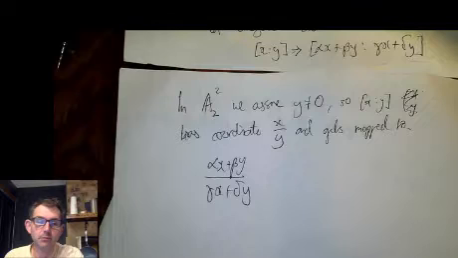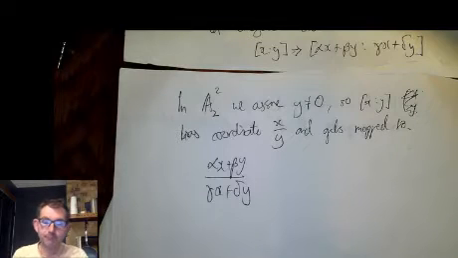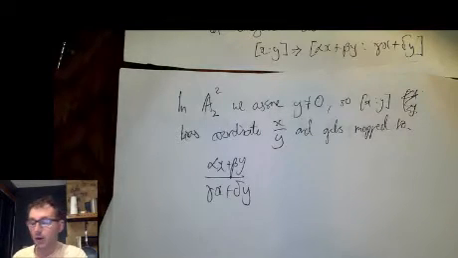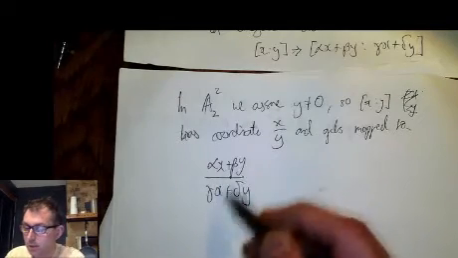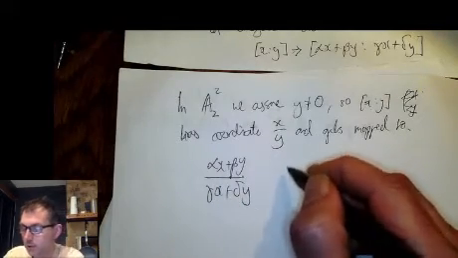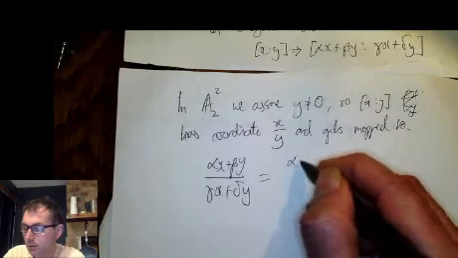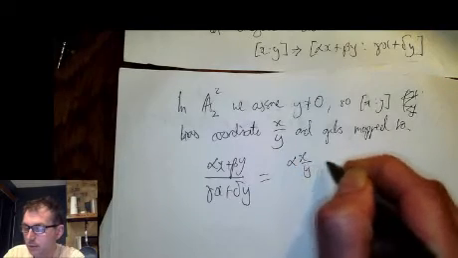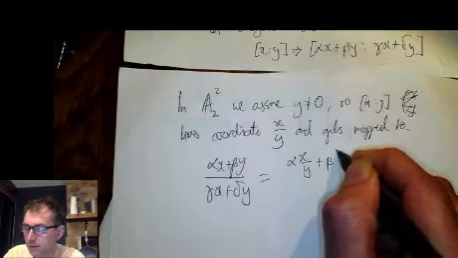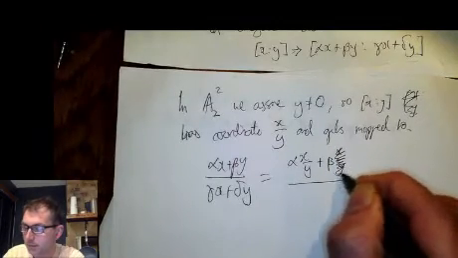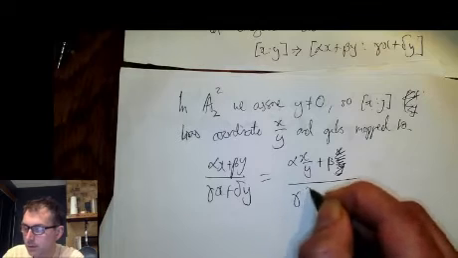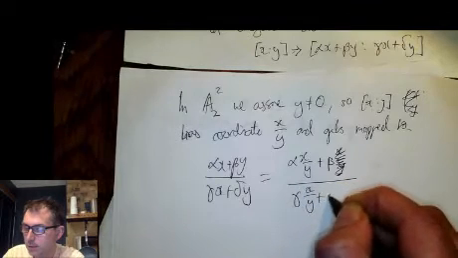Now, if you want to write that in terms of the point x over y, we have to divide through by y. So we get (alpha x over y plus beta) over (gamma x over y plus delta).